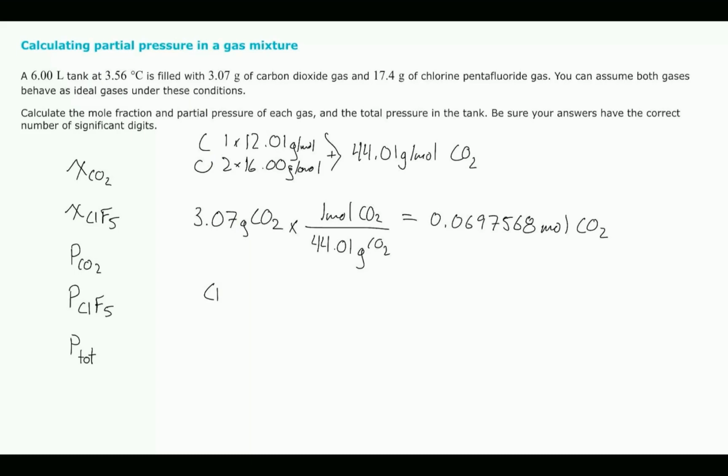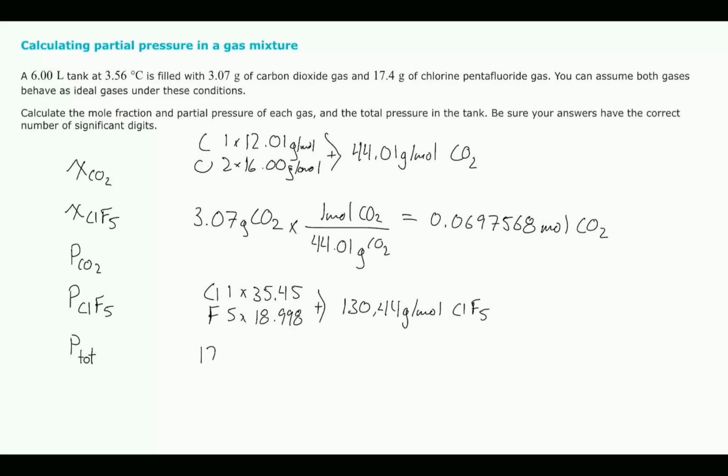Moles of chlorine pentafluoride. Chlorine's 35.45. Fluorine is 18.998. So realistically, you probably could have used 19. I don't know that one off the top of my head. 30.44 grams per mole chlorine pentafluoride.